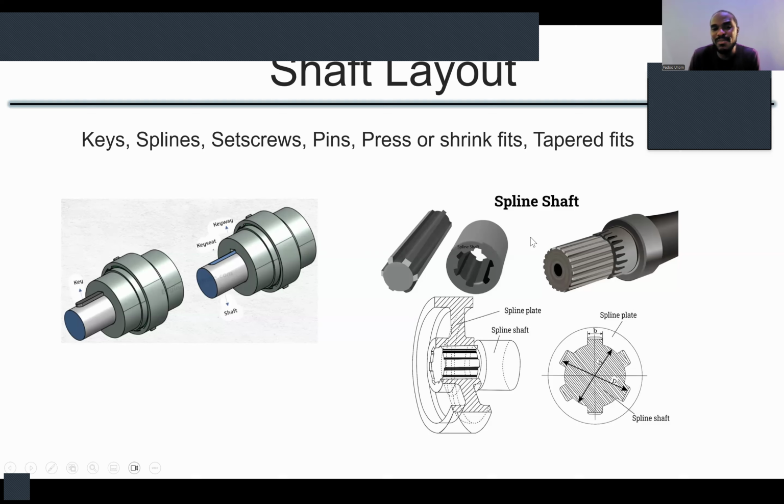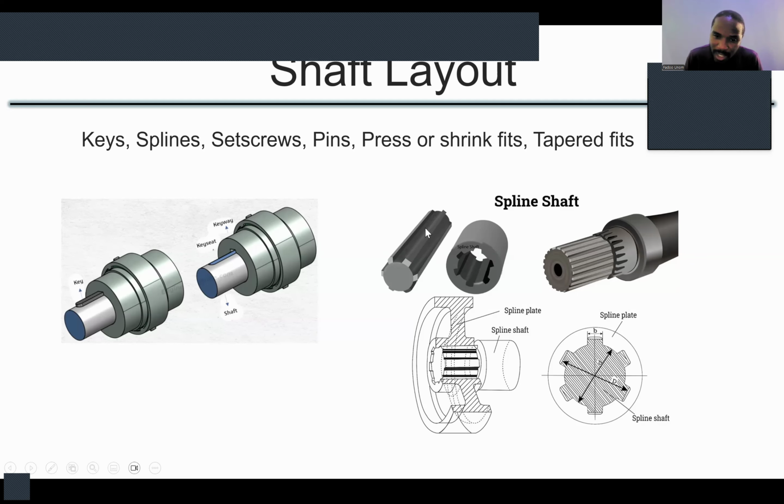Now, you also have splines. Splines are like teeth, very, very large teeth on shafts and inside hubs that allow for the transfer of torque, as one rotates, the other also rotates. So you can imagine that this is a spline shaft, that's a hub with splines.